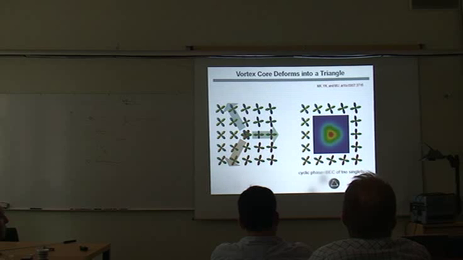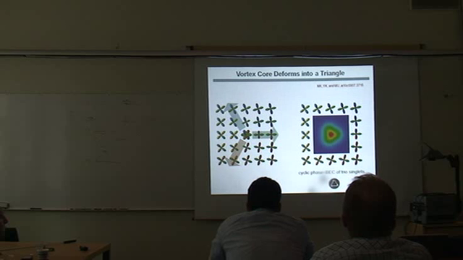So one example is a double core vortex in liquid helium three predicted by Warwick Bucks. And for the double core vortex, the origin of this core deformation is a disintegration of an integer vortex into a pair of half quantum vortices. This is energetics.